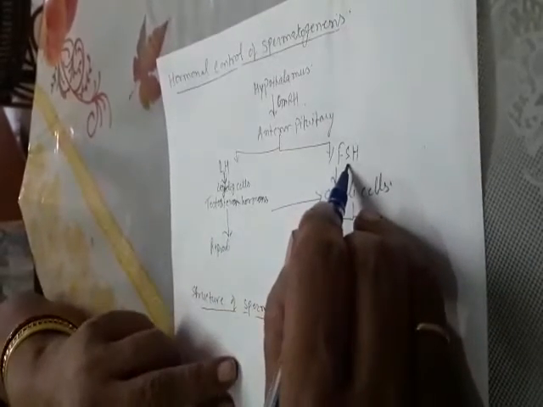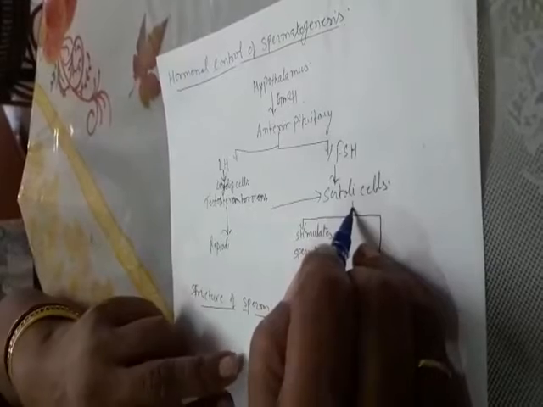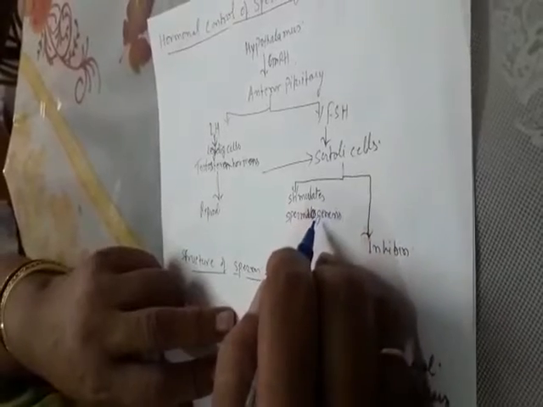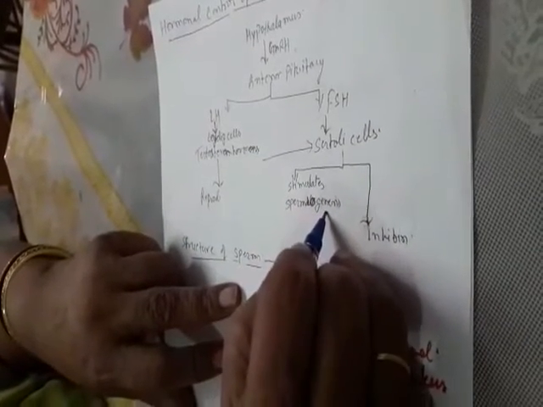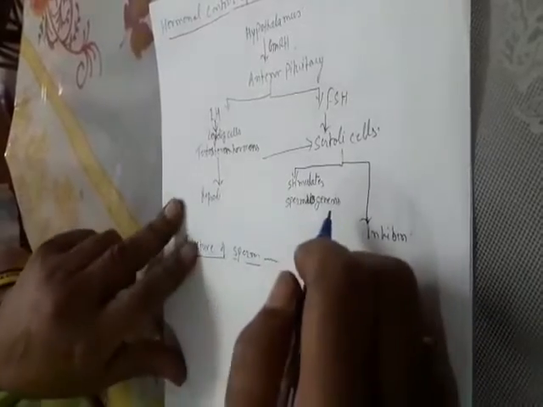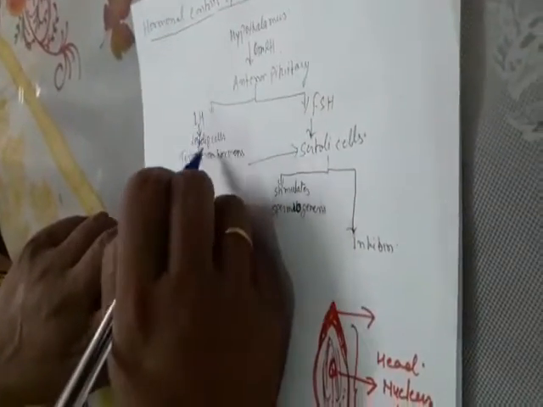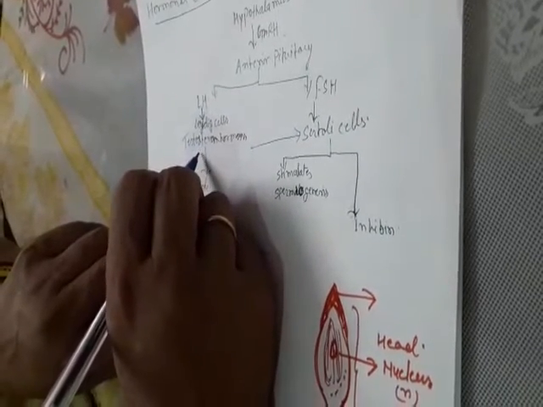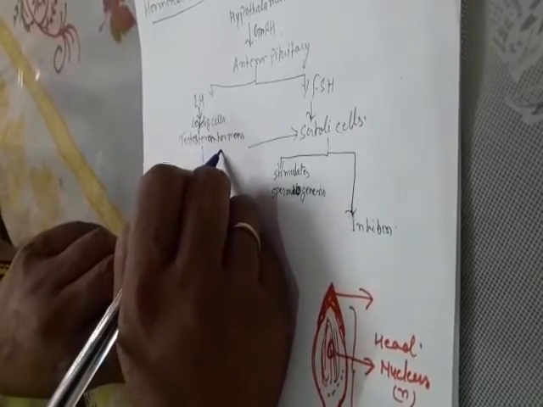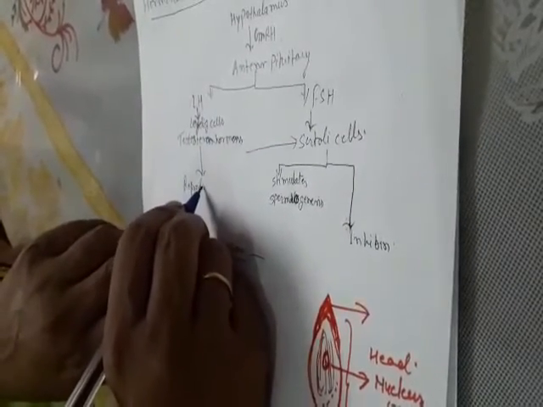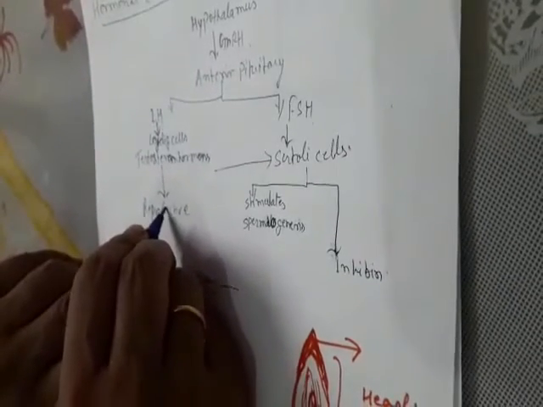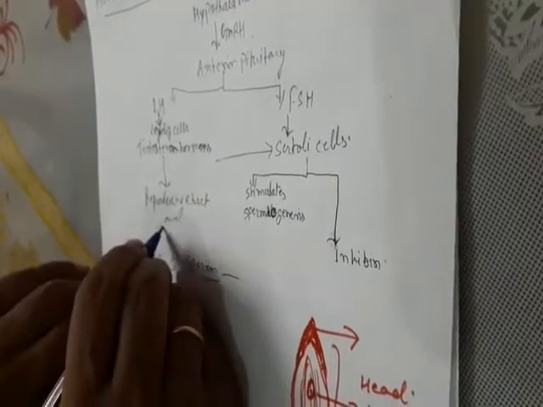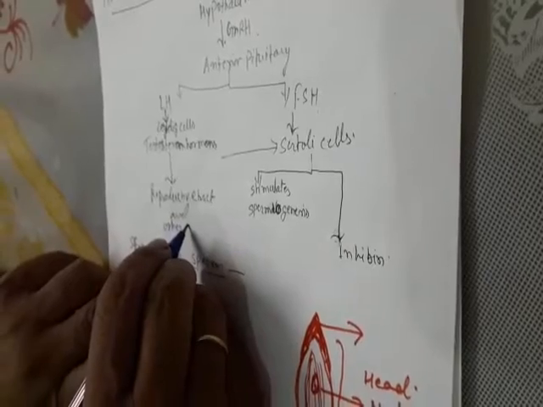Follicle stimulating hormone acts on Sertoli cells and they secrete hormones which stimulate spermiogenesis, and inhibin. LH, luteinizing hormone, acts on Leydig cells. Leydig cells control the secretion of testosterone. This testosterone acts on the reproductive tract and other organs.